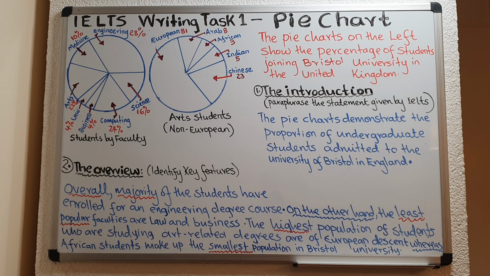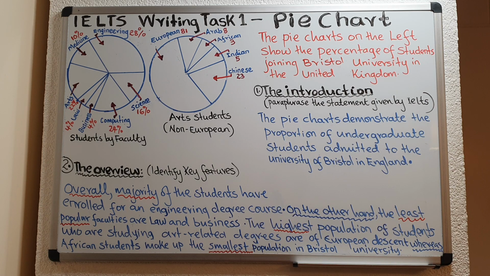The pie charts on the left show the percentage of students joining Bristol University in the United Kingdom. So what you have to do is paraphrase that information. What does paraphrase mean? It means you need to rewrite that information in your own words. You just need to rewrite that statement in your own words.